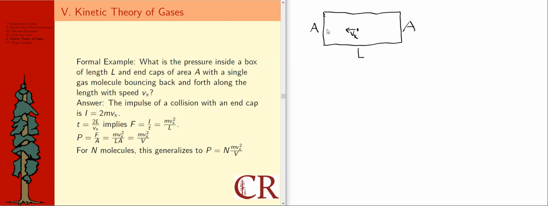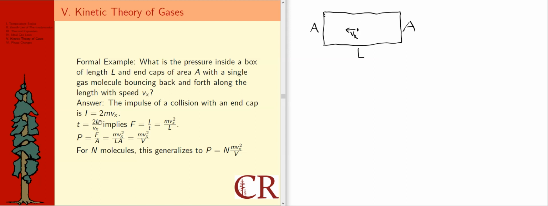So the change in momentum is twice the momentum that the molecule already has. It's coming to the left with momentum mvx, and then bouncing in the opposite direction with the same momentum mvx, but that's a total change in momentum of 2mvx, which implies that's the total impulse exchanged with the wall here.